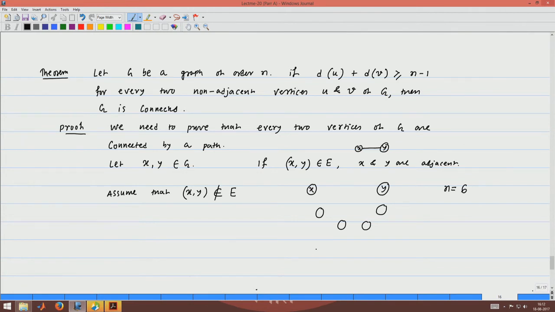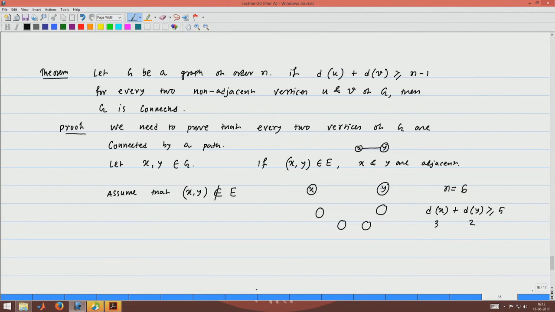Okay. Now, according to this theorem, the degree of x plus the degree of y is greater than or equal to 5. Now, suppose the degree of x is 3 and the degree of y is 2.